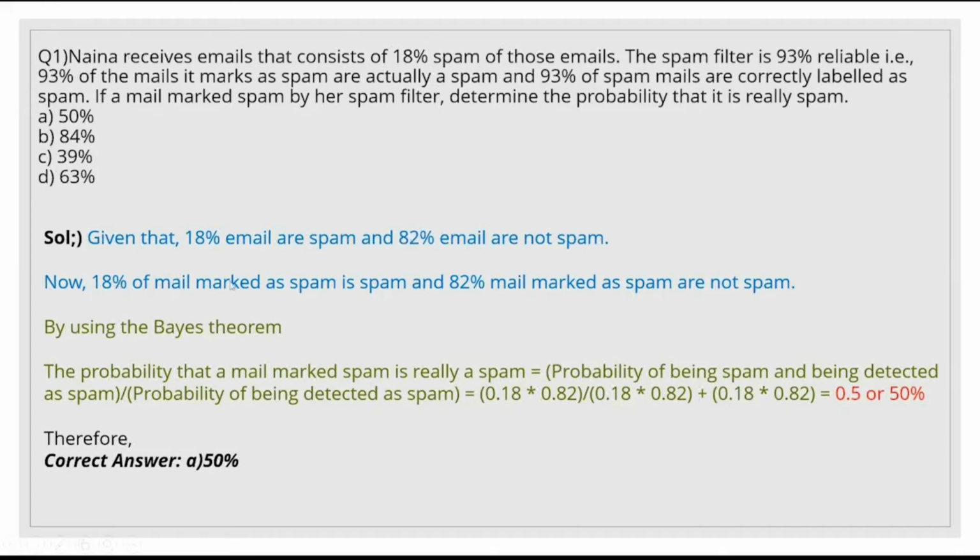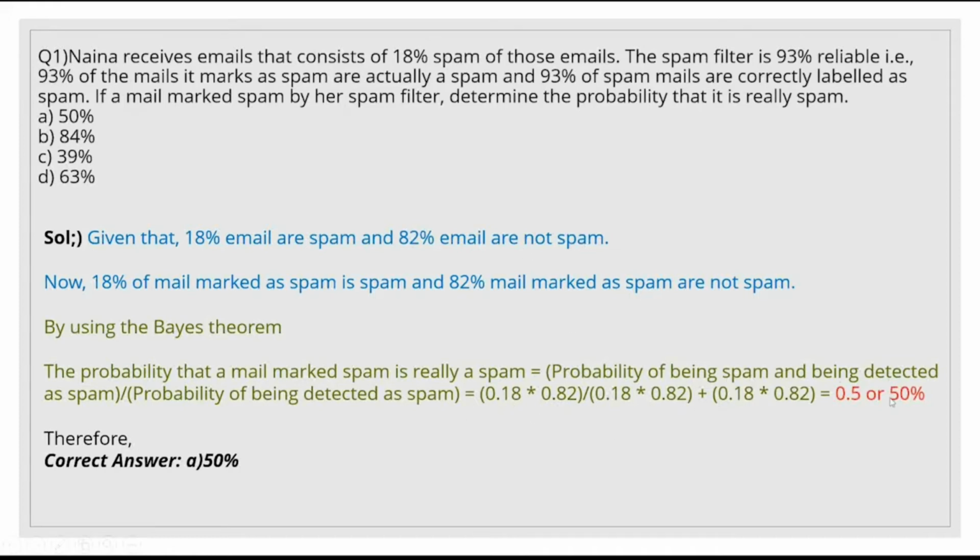Since 18% are spam and 82% are not spam, we can use Bayes' theorem to calculate the probability that a mail marked as spam is really a spam, which can be calculated as the probability of being spam and being detected as spam divided by the probability of being detected as spam, which equals 0.18 or 18%, which are spam emails, and 0.82, which is 82%, which marks the emails that are not spam.